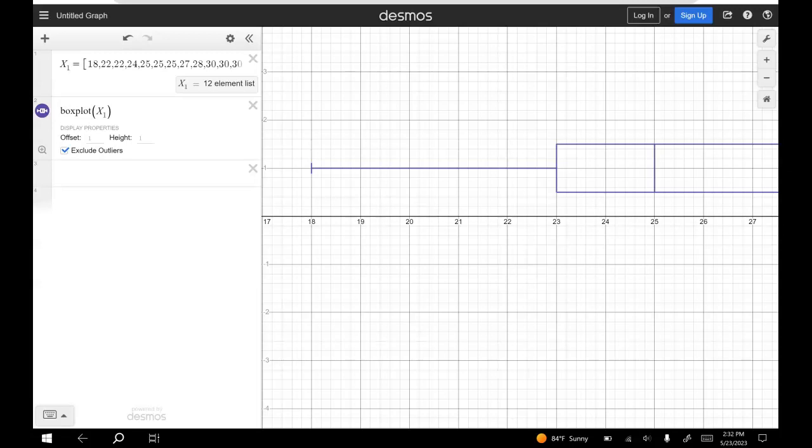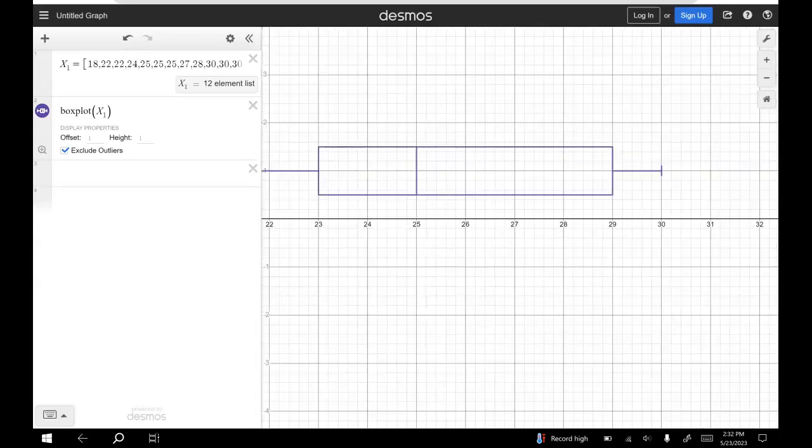It just follows the top chart, so the top picture on your notes shows where everything is. Your middle value in your box is 25, so for your median, you put 25. Your Q3 value, the right end of your box, is 29, so you put in 29. And your highest value is 30, so you put in 30.